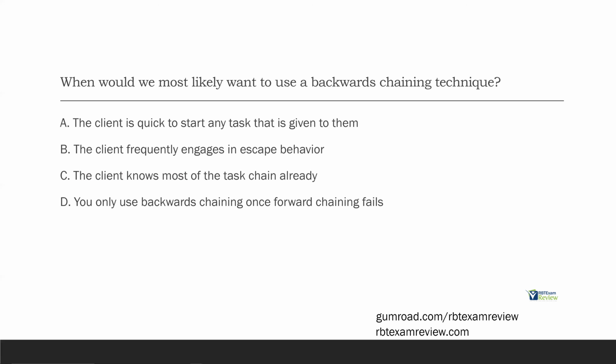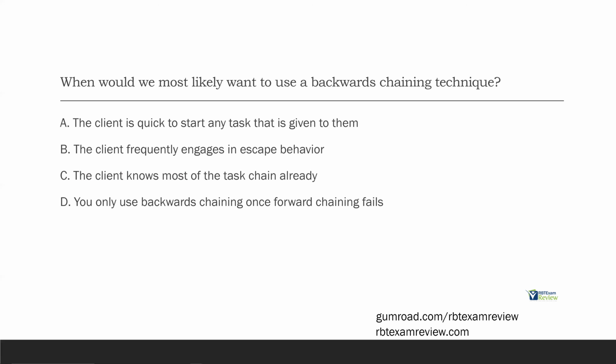B, the client frequently engages in escape behavior. Now, why would this be good, right? You might think, well, they have to wait till the end to receive reinforcement. But we are prompting them through the chain, meaning we are helping them complete the chain until the very end. So if they're trying to escape, we're right there, prompting them through.